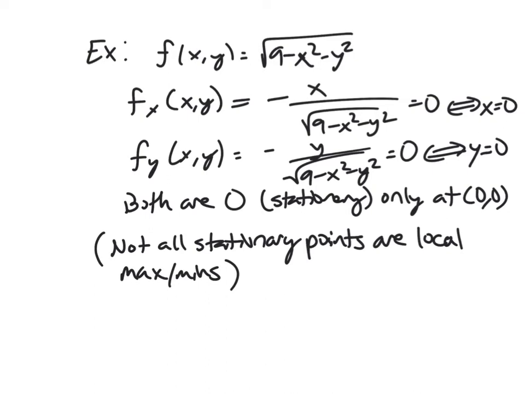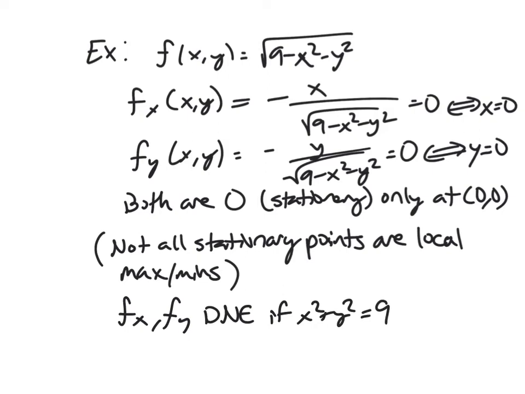They just make it 0, but they are where fx and fy do not exist, if x squared plus y squared equals 9. So all of the points on the boundary down below are points where these derivatives did not exist, and so these would also be points that we would consider and look for maxes and mins on.